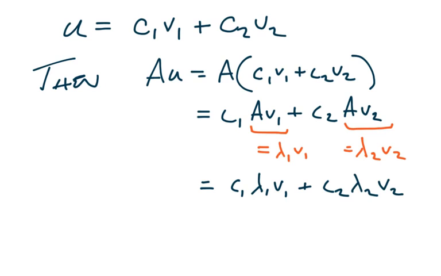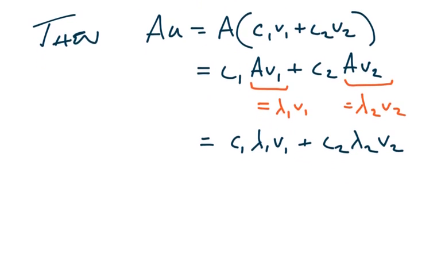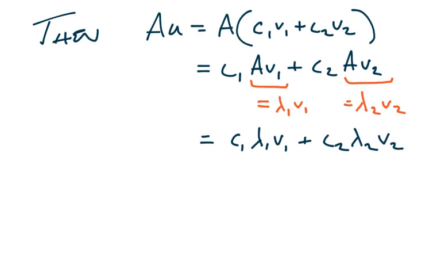And we know exactly what lambda 1 and lambda 2 are for this very specific matrix, right? We know lambda 1 is -1, lambda 2 is 3. We know V1 is (-1, 1), and V2 is (1, 1). Right, so we actually know a lot about this. But here's the really important thing that I want you to see.